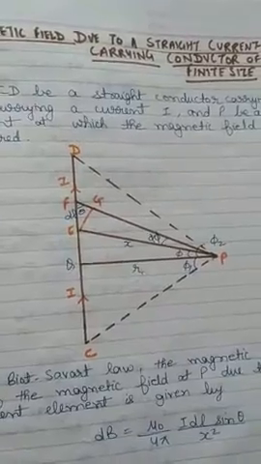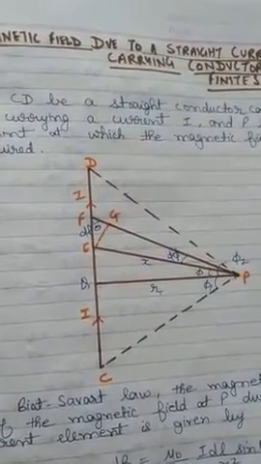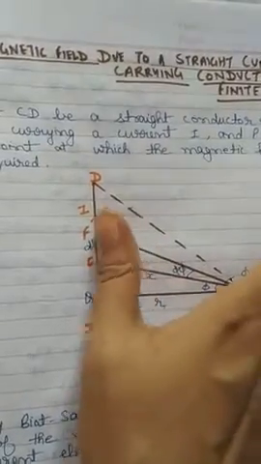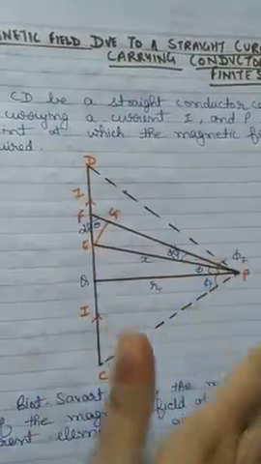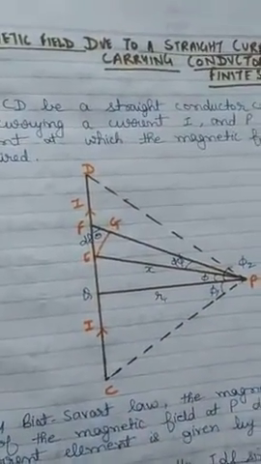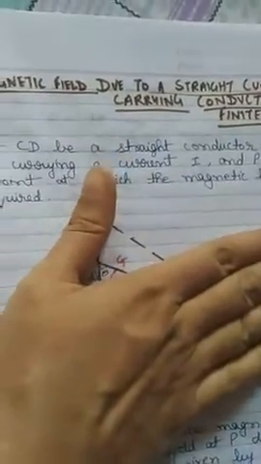Now what will be the direction of this magnetic field? So for that we'll use the right hand palm rule. In the previous lecture I have explained what we have to do. We have to put our thumb in the direction of the conductor and palms in the direction where we are finding the magnetic field, that means where the point is. So this is how we'll place our thumb and the palm.